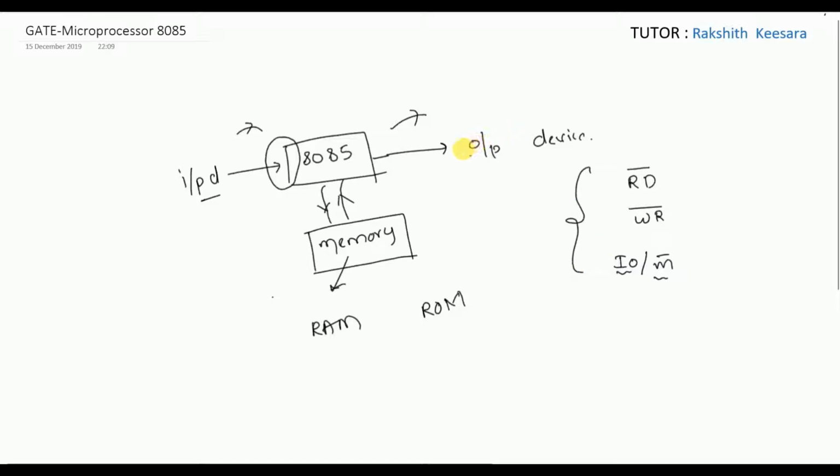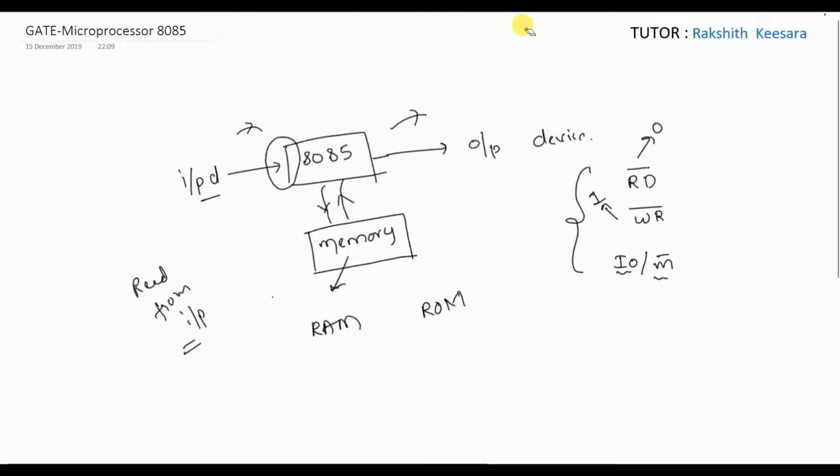So we'll start now, guys. I want to read from input. So what signal will I generate? Read will be 0, write will be 1. Because I want to read, I am writing read as 0. Why 0? Guys, if it is like this, if it is 1, it will be in on state. But if it is RD bar, if it is 0, it will be in on state. I hope you know this difference.